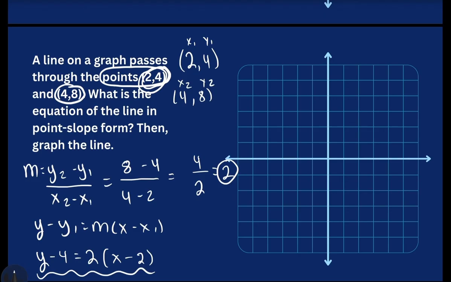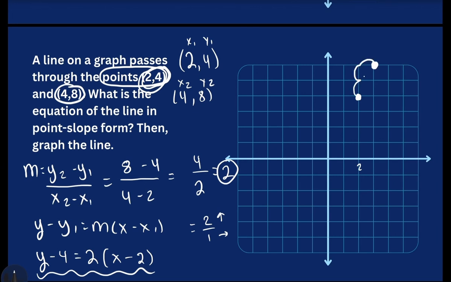And now let's graph it. I'm going to first graph the point 2 comma 4, which I know is here is 2, and then I'm going to go up 1, 2, 3, 4. So I know it goes right there. And then I know that 2 is the same thing as saying 2 over 1. So up 2 and to the right one. So now that means that from this point, I'm going to go up 1, 2, and to the right one.